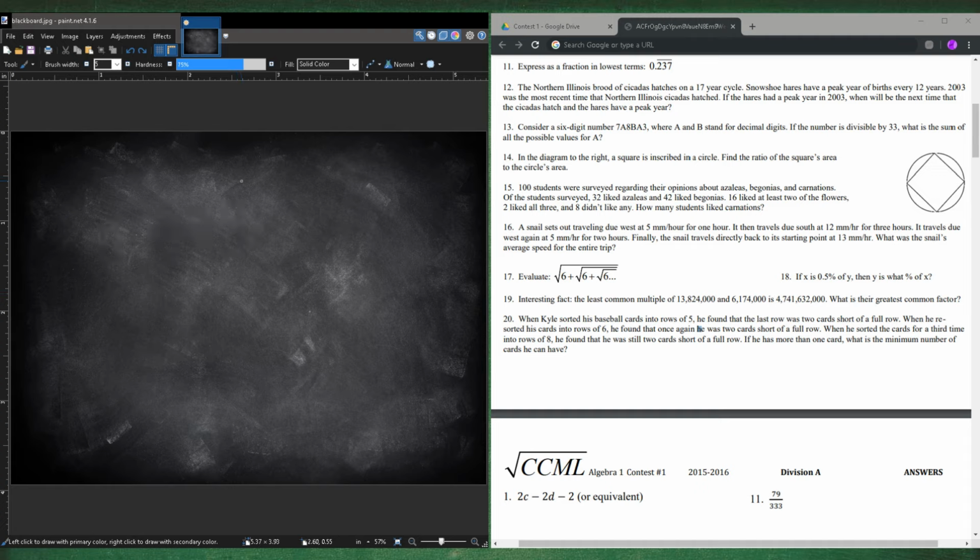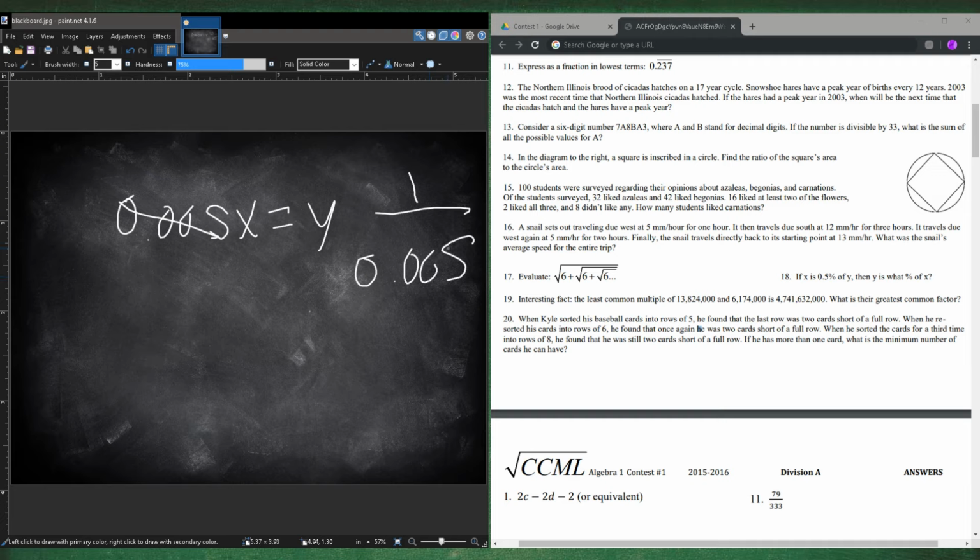Question 18. If x is 0.5% of y, then y is what percent of x? So basically it's 0.5% of y, divide by 100 to get it to decimal form. So that's 0.005 of x is equal to y. So then you have to get this to the other side, so you just divide, which gets you 1 divided by 0.005, which gets you 200.